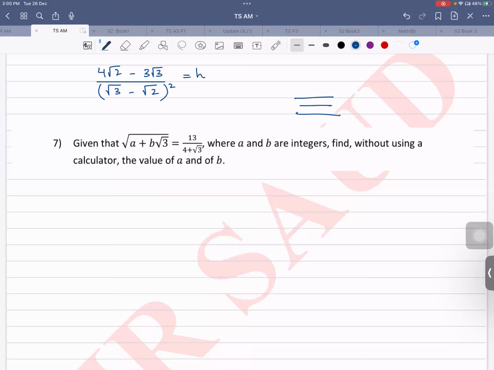We would use the comparing method. Correct. Very good. And before we start comparing, what should we do? First, we can just square both sides. Correct. Or we could rationalize this side. But if you're saying that you want to apply squaring on both sides, let's do it with that method.